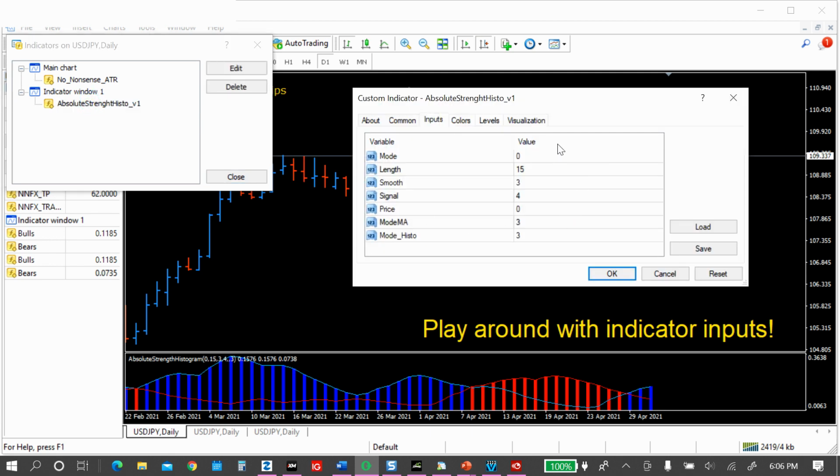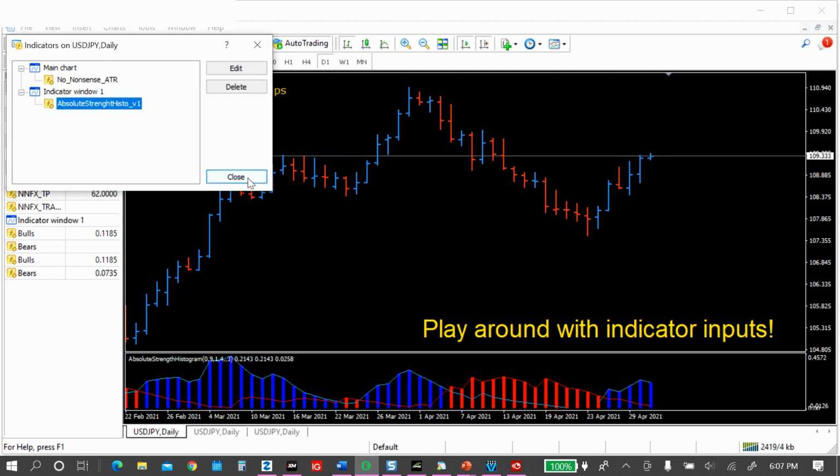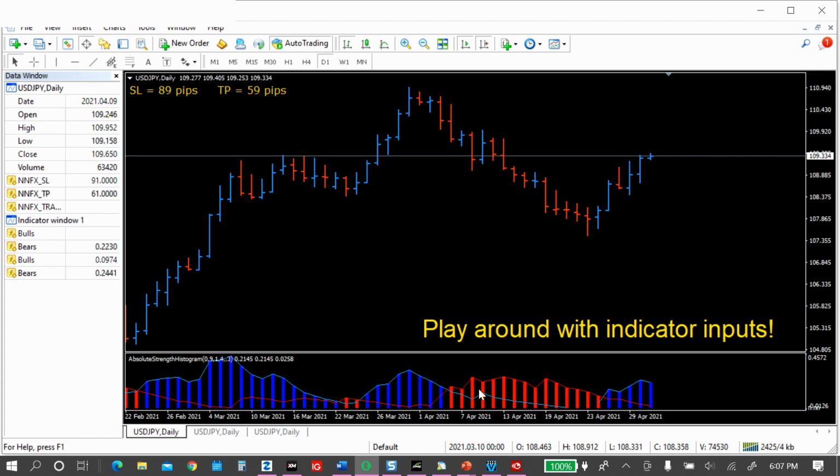Okay, in this example, I've already been playing around with the levels a little bit. If you remember, to start with, the default values were a length of 9 and a smoothing factor of 1. This is what the default values looked like.